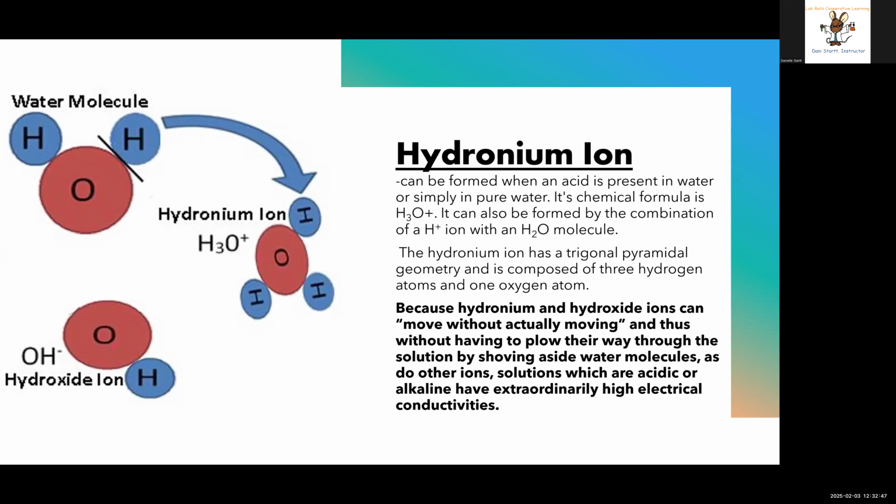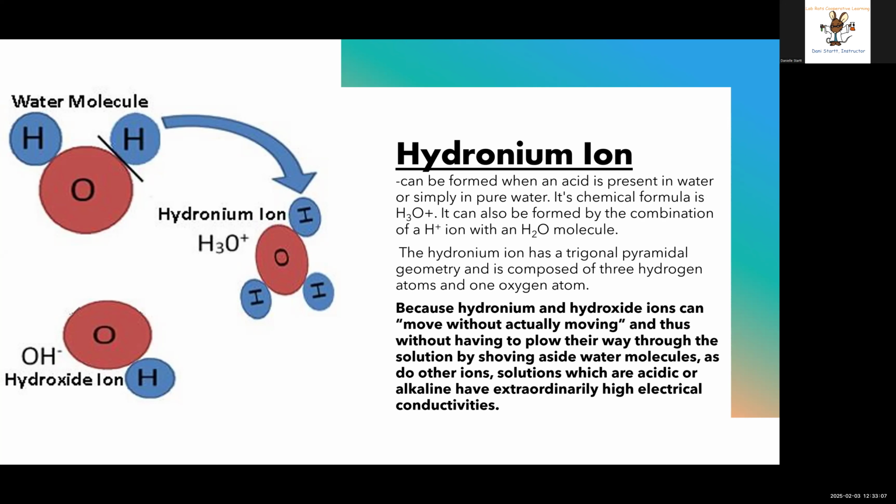Because hydronium and hydroxide ions, remember hydroxide is OH negative, can move without actually moving, meaning that they sort of form and go back and forth, like you can see in this picture, between forming and then swapping back into a water molecule.